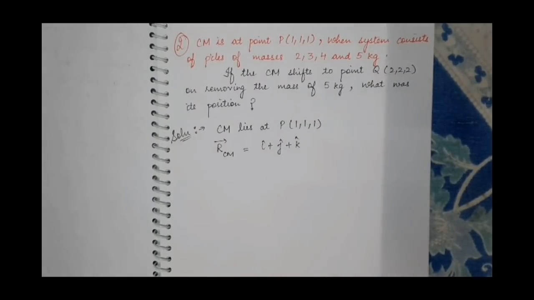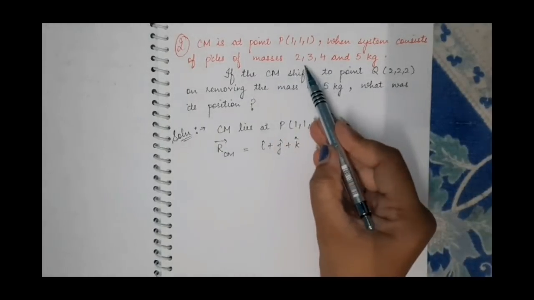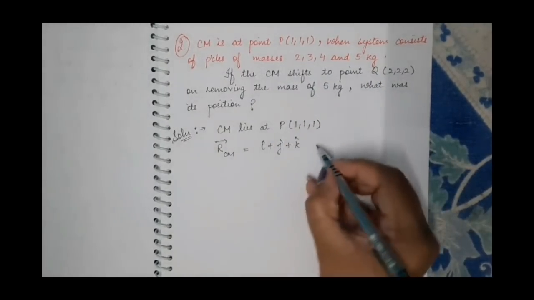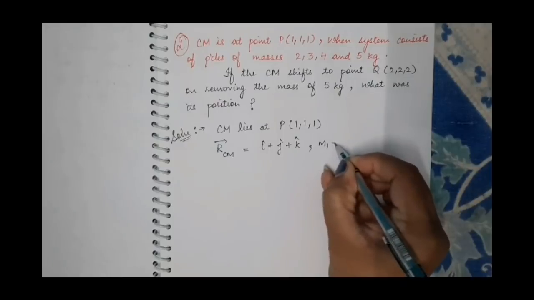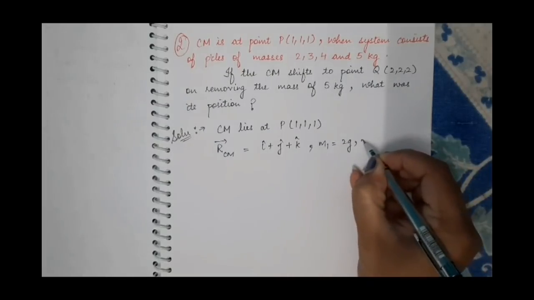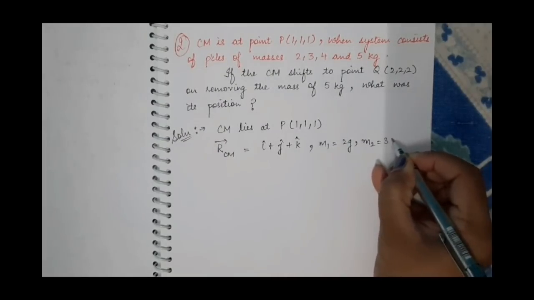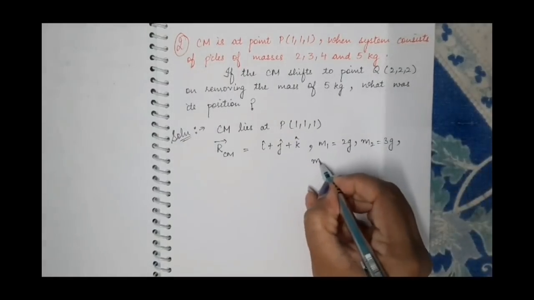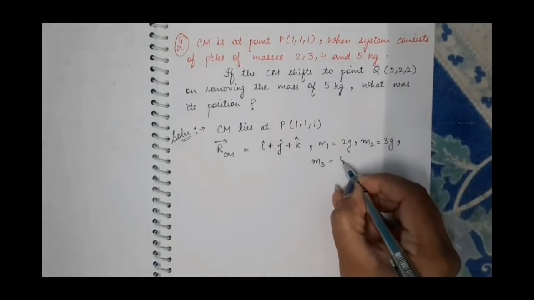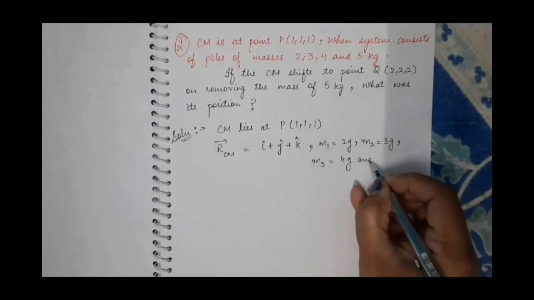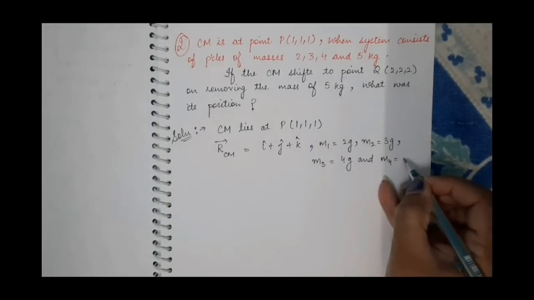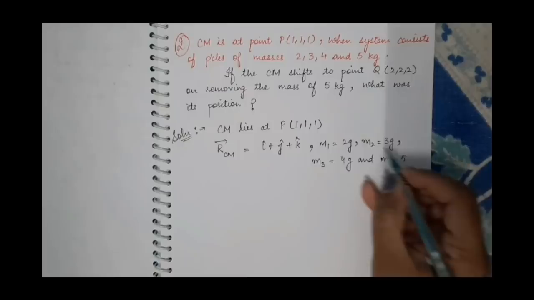And at that time, the number of particles in the system is 4, and those particles are m1 2 grams, m2 3 grams, m3 4 grams and m4 5 kilograms.